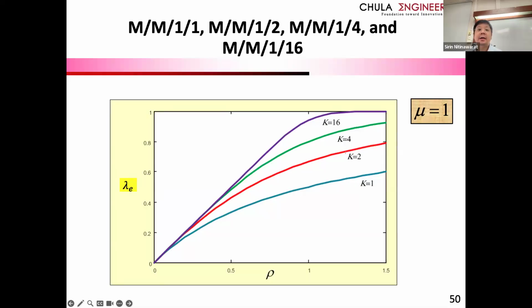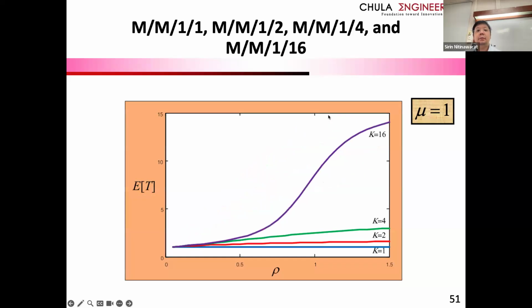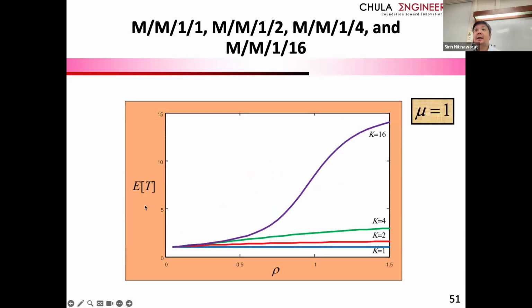You see the larger the K is, the more likely the incoming customer will be accepted, so you see a larger effective rate. And that will translate to a larger expected time each accepted customer will spend in the system.